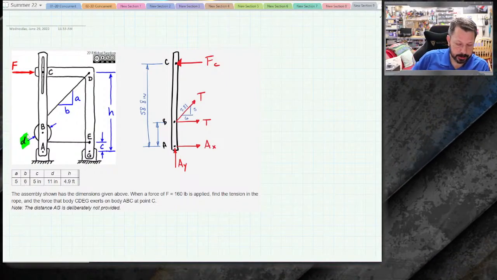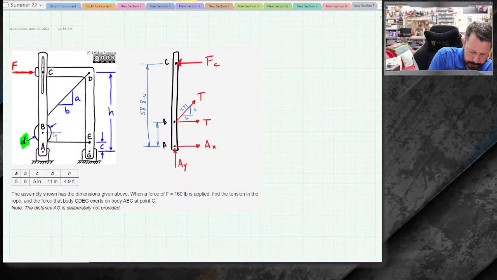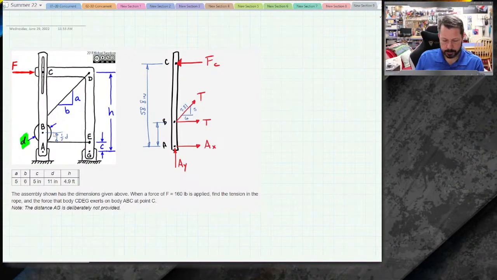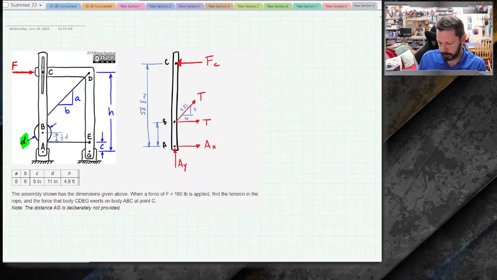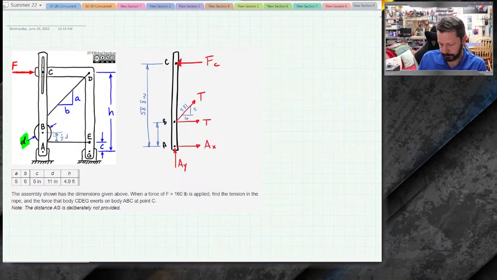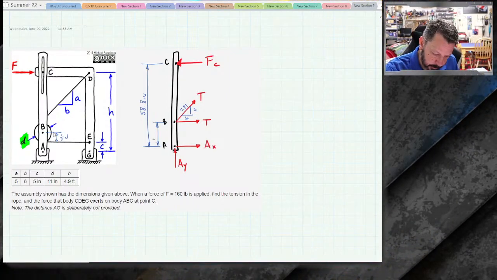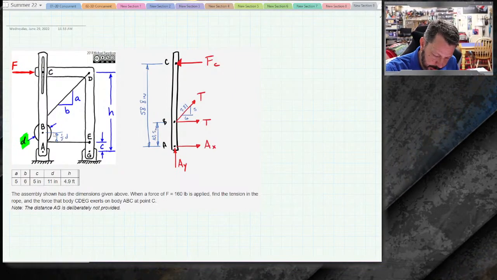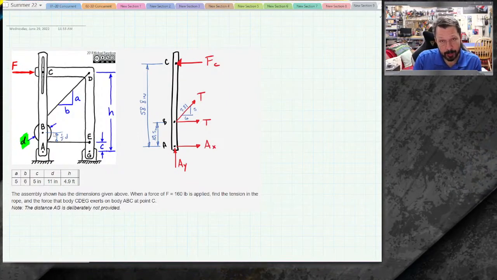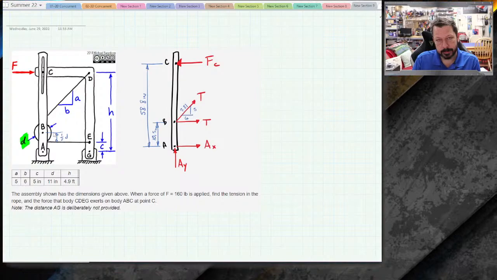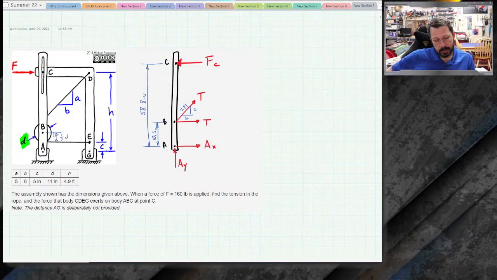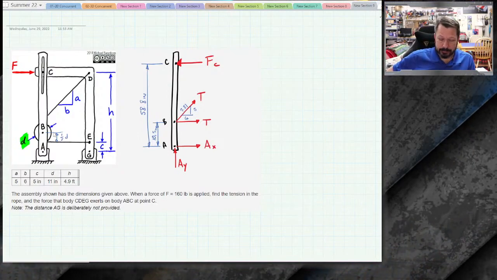So that means the radius, this distance, is 1/2 of the diameter D. So my diameter 11, divide that by 2, 5.5, add that to C, which is another 5, is 10.5. So I do have this set of units, but that's all I have. So I can write the equations, summation of forces in X and in Y and a moment equation. I can write the equations, but I can't actually do anything other than that.